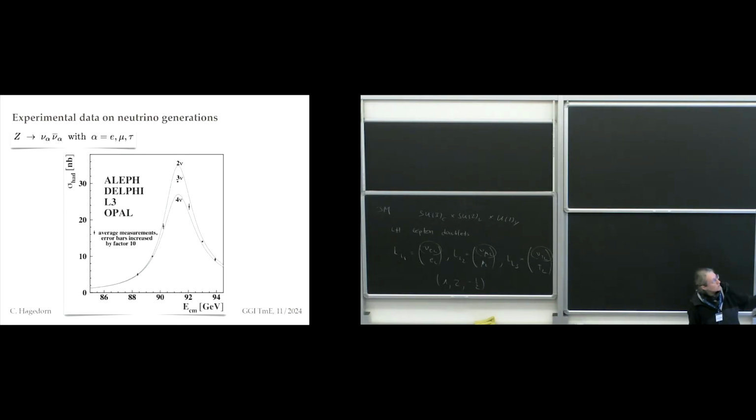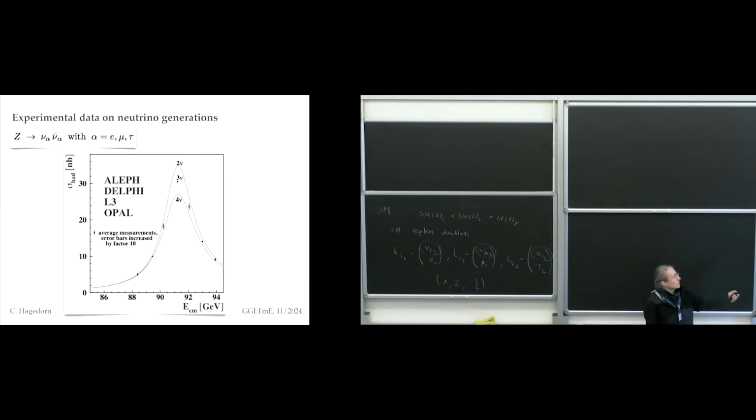You see here this fantastic, by now historic plot from LEP that gives the center of mass energy and the cross section, and you see the Z boson peak. You see the difference between fitting this peak when you assume that there are 2 light neutrinos, 3 or 4. What do I mean with light neutrinos here?